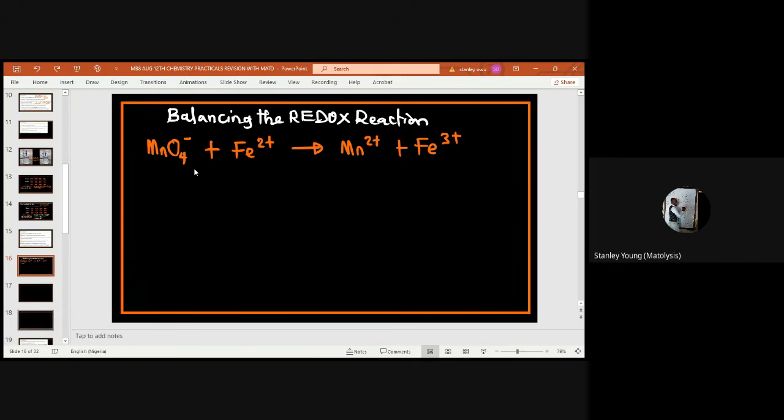This is the oxidizing agent here. It will get reduced to what? Mn2+, while the iron 2+ will get oxidized to what? Fe3+. Rule 1, you split it into two half equations. So one is the oxidation, Fe2+ to Fe3+.